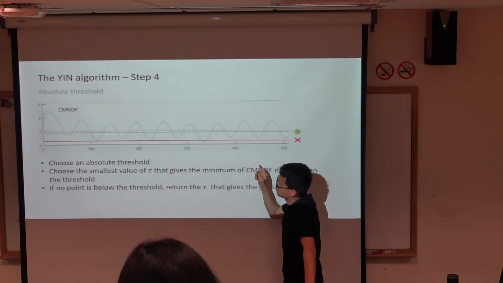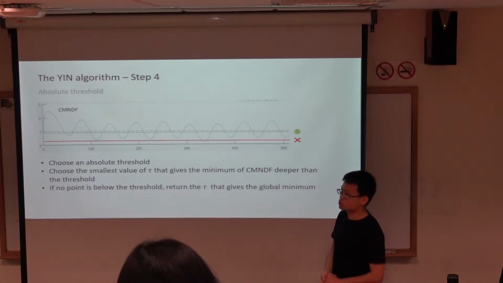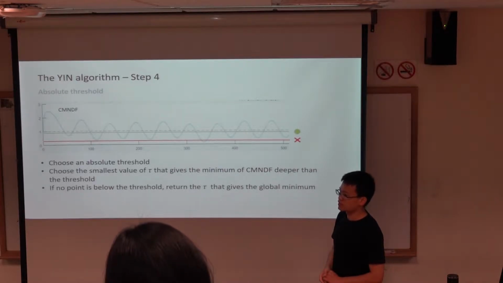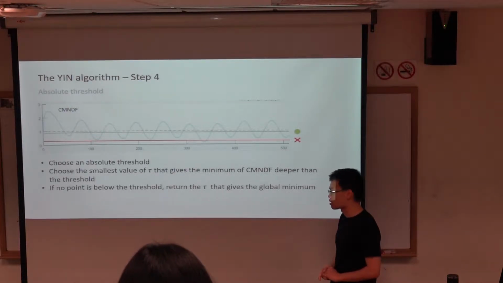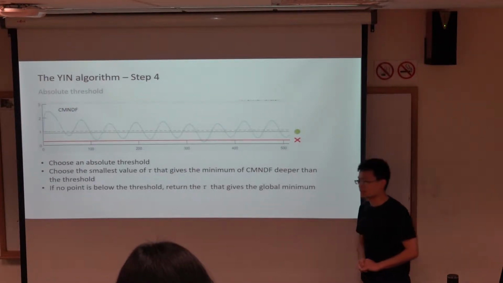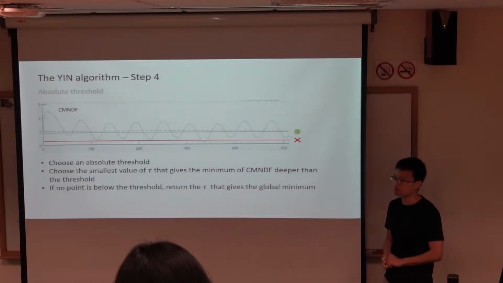I mean, when you calculate the f0, you use a tau 0, right? And tau 0 will always be an integer. However, the minimum does not always appear at integer value because your frequency can be any value. So the period can be any value.